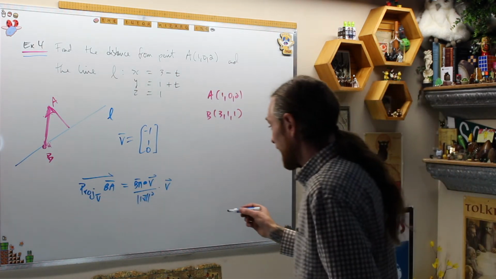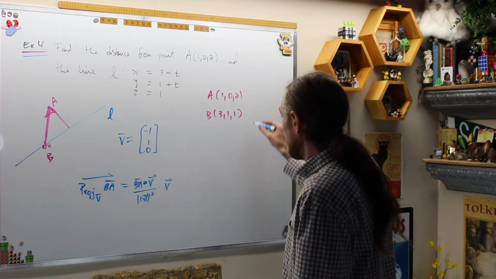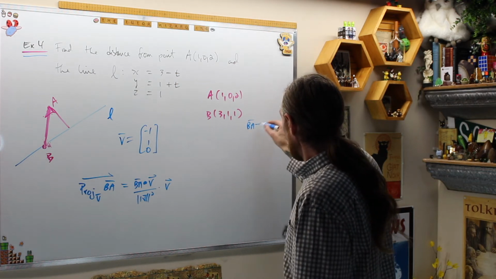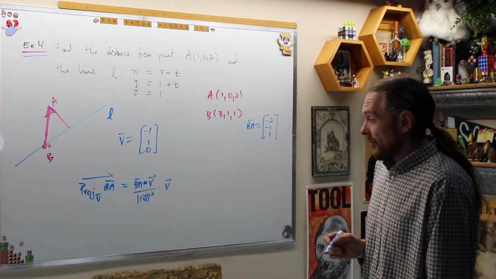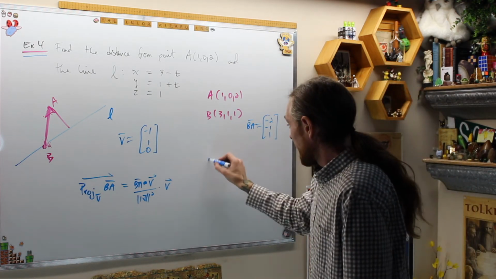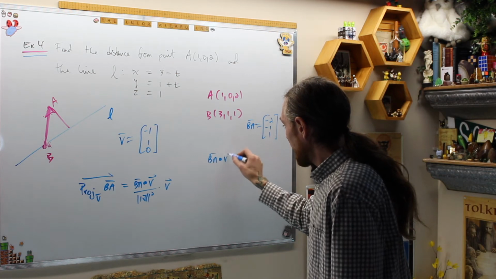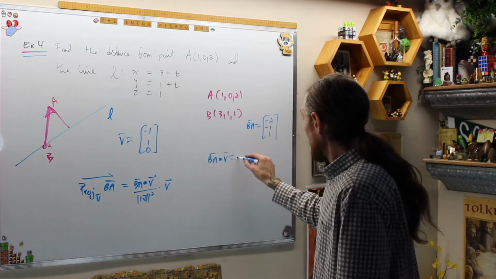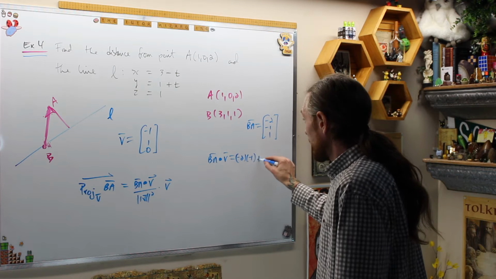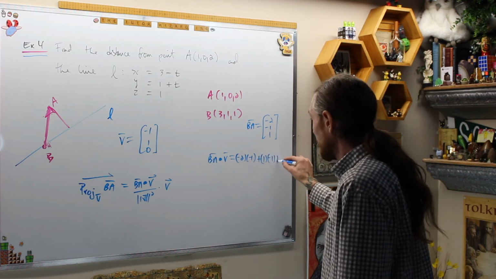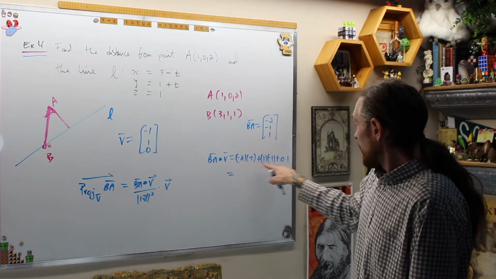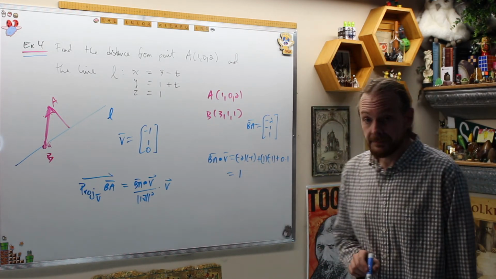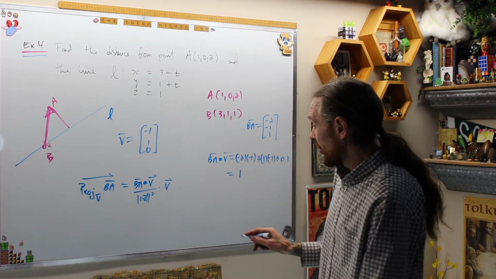BA was (-2, -1, 1). So first I have to create BA dot product V. That is going to be negative 2 times negative 1 plus 1 times negative 1 plus 0 times 1, which is going to give me 2 minus 1, which is 1. Then I'm going to compute the norm of V squared.